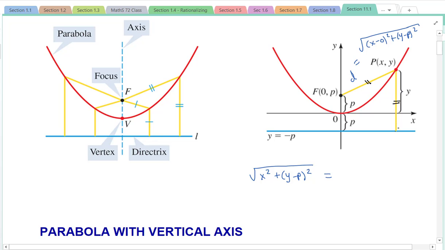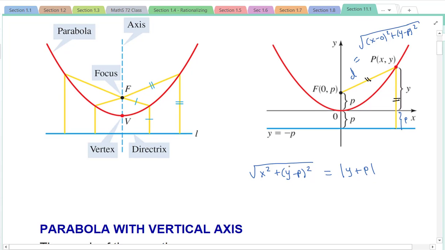Well, this is a y distance. So this distance here is y, and this distance here is p. So it should be the absolute value of y minus negative p, so y plus p.